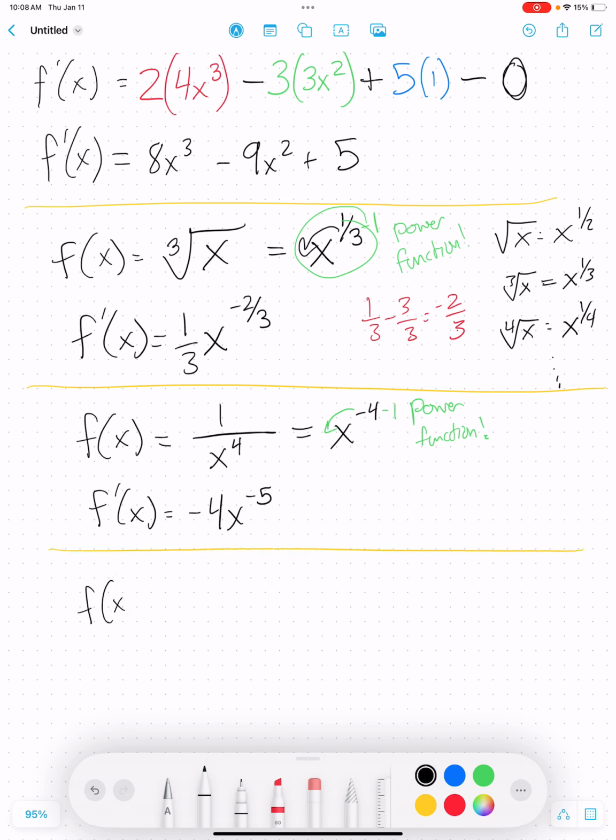What if you have f of x equals 1 over the cube root of x to the 5th? Ugh. Doesn't look very pretty, but as long as I can write it as a power function, I'll be fine. Okay? So how do I write this as a power function? X to the, well, it's in the denominator, so I know it's going to be negative. Since I'm taking the cube root, I know I'm going to have a fraction, and the denominator of that fraction is whatever the root is.